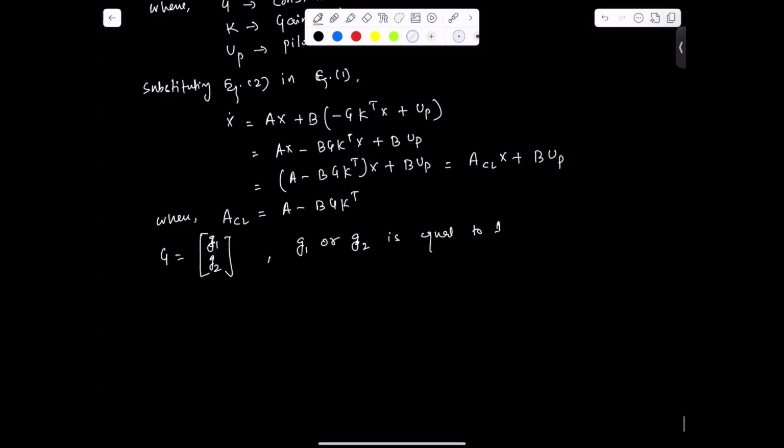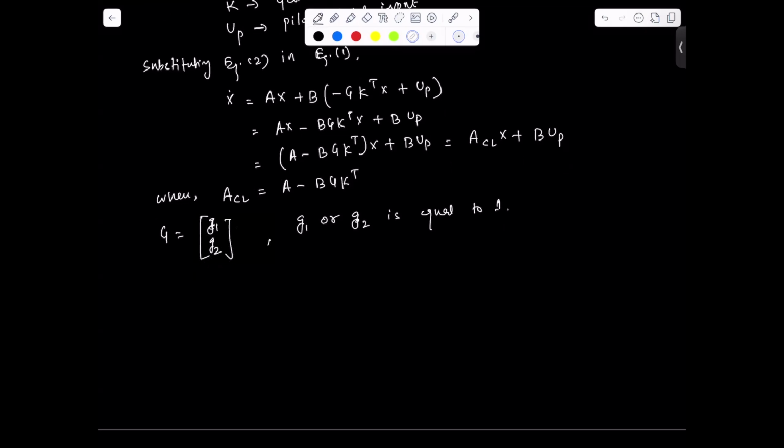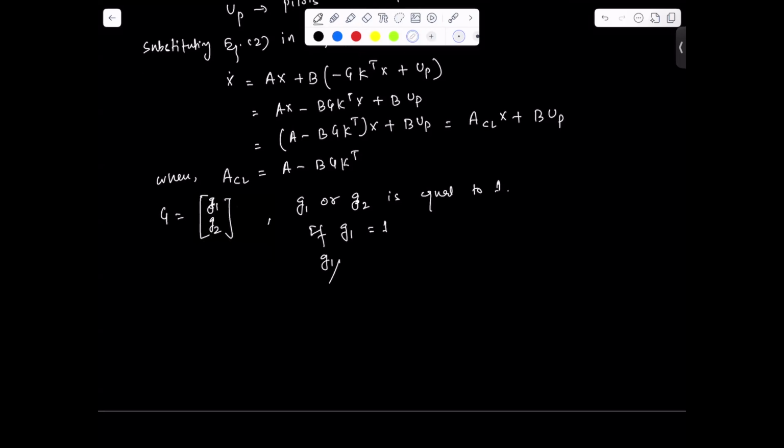We use this condition, and from this we can form the ratio G1 by G2 equal to u1 by u2, and from this we can find G2 equal to u2 by u1.